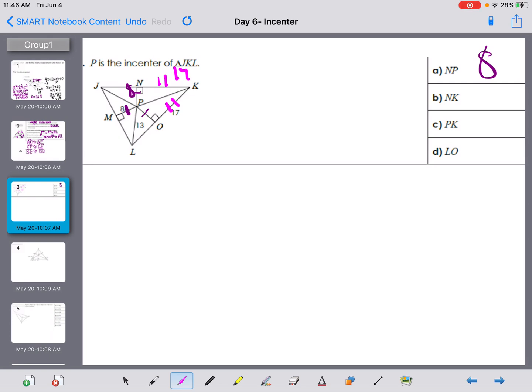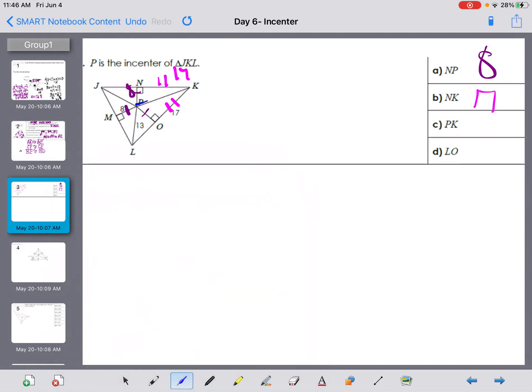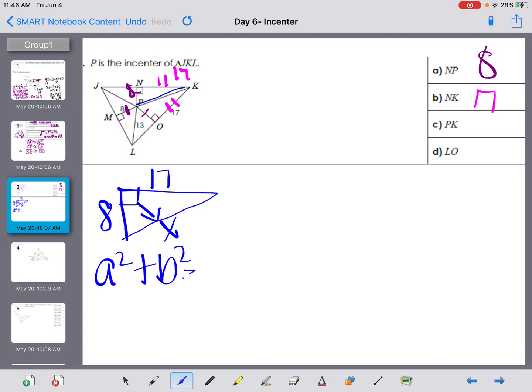Now, I want to find out PK. So here's PK. So that means I have a right triangle. I have 8, I have 17, and I'm trying to find out X. So whenever we have a right triangle, we want to find out the third side. We're going to use A squared plus B squared equals C squared.